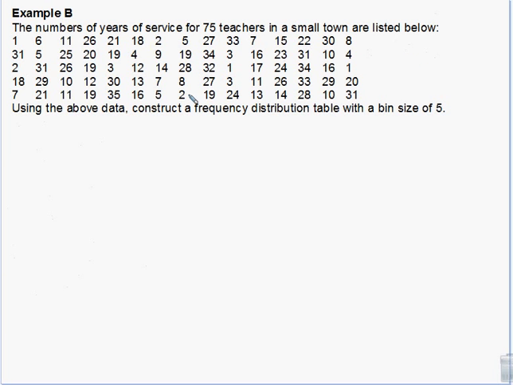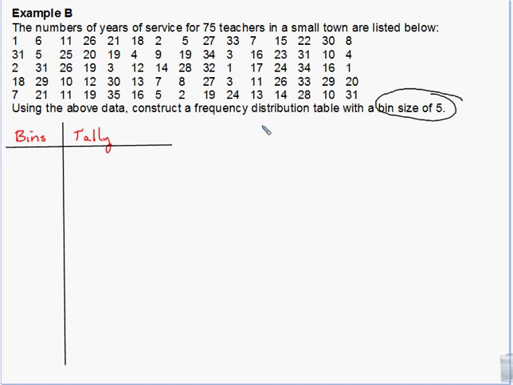Do it again with more numbers. So we've got our bins, our tally. We have to go up by 5s, so we want a bin size of 5. That means we can only go up by 5.